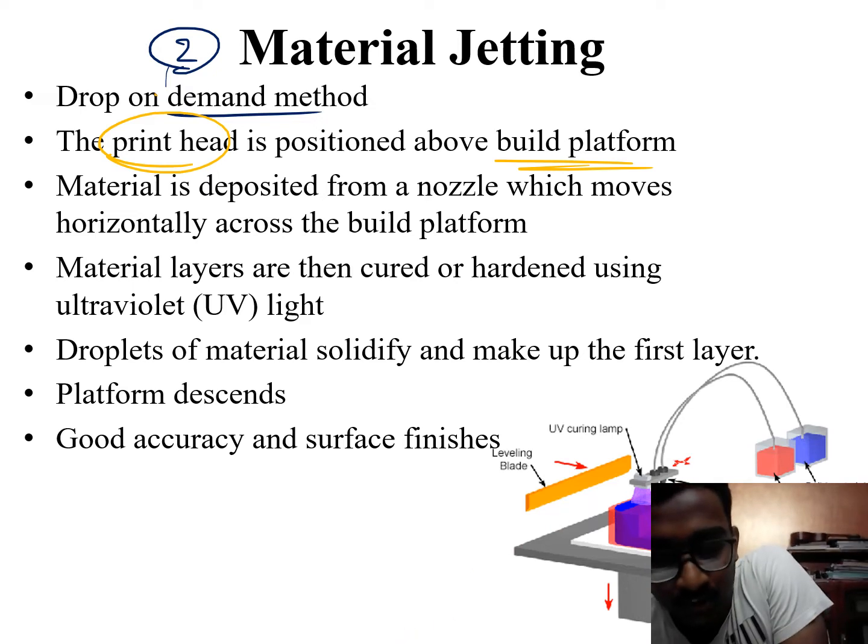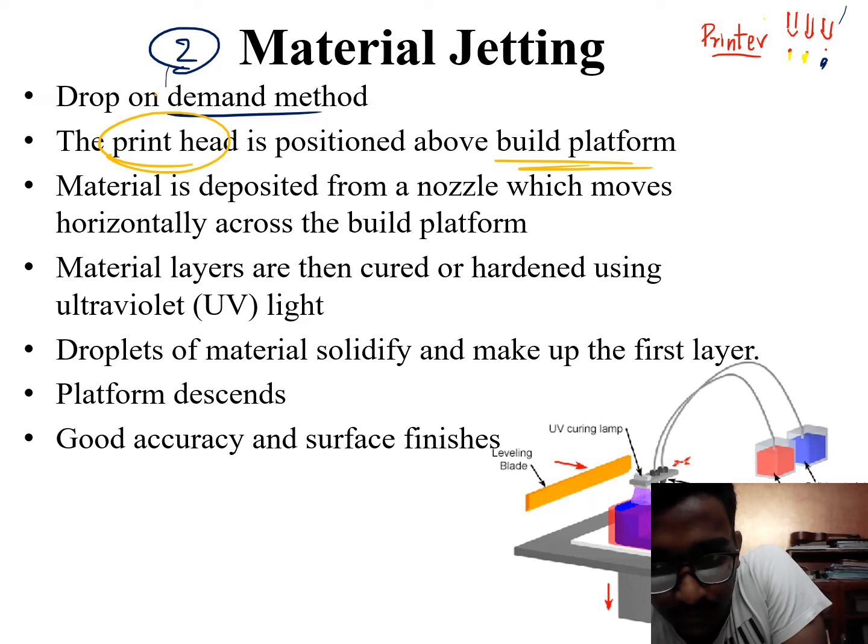Basically, if you know the concept of how a jet printer works, it will be easy for you. The jet printer works like this: there will be a jet, and it gives a drop. Because it's colorful, there will be a little bit of colors.